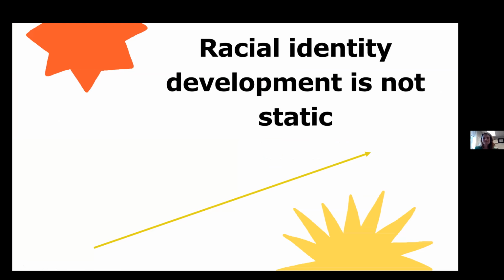Again, I just want to say this one more time. It's not static. It's not linear. When events happen, there can be a big drive for people to go into an immersive experience, as well as, unfortunately, into a reintegration type experience, when you're really trying to hold multiple pieces of information in your mind at once.